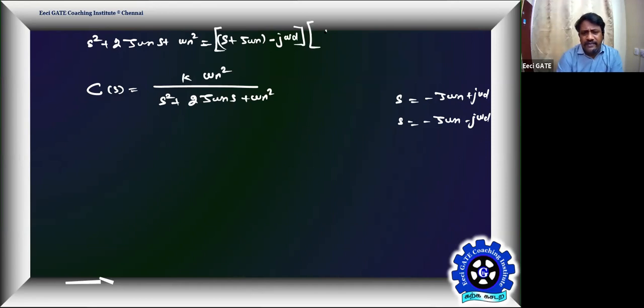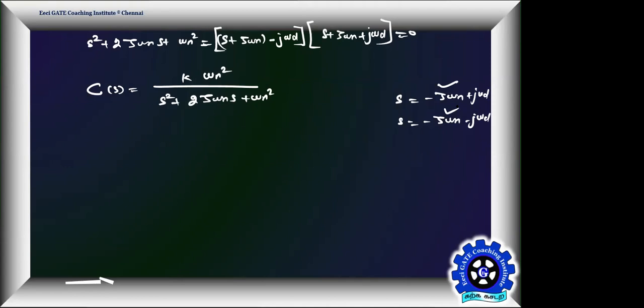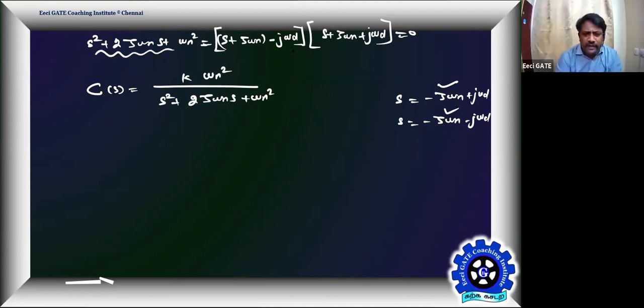Another pole factor is s plus zeta omega n plus j omega d. Any mistake I'm committing? If you equate this to 0, what you will get? This is the first pole, this is the second pole. All of you getting? So this can be written in the pole factor form.